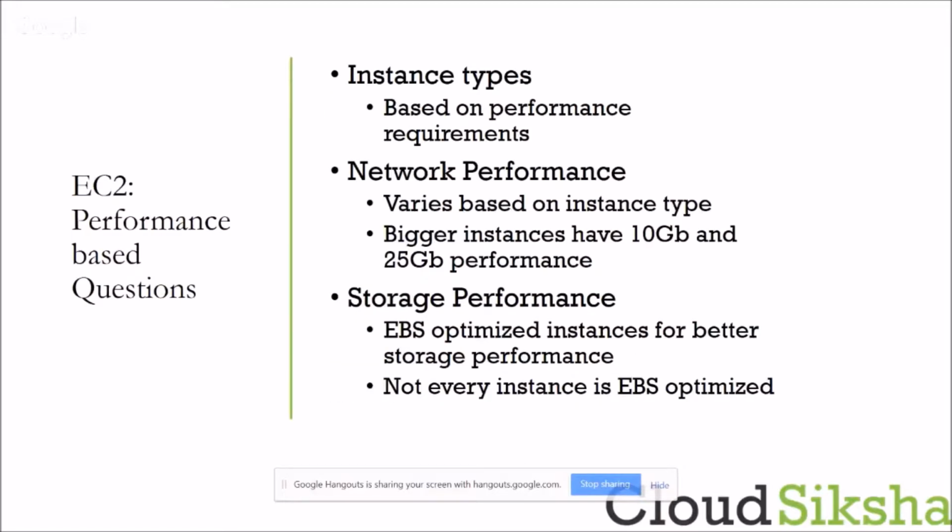Next, the questions that appear many a time in the certification exam are based on performance. Now, it's well known that there are different instance types, and each one provides a different performance.